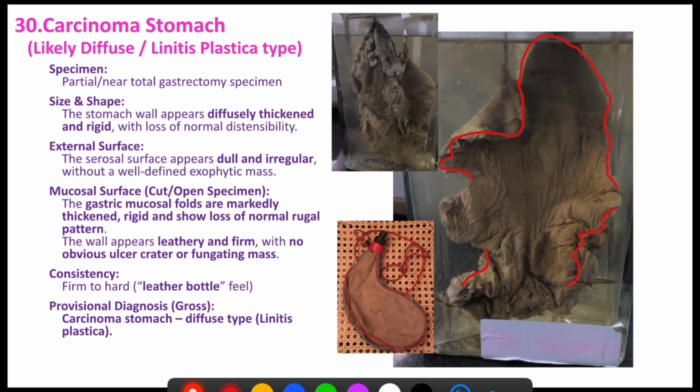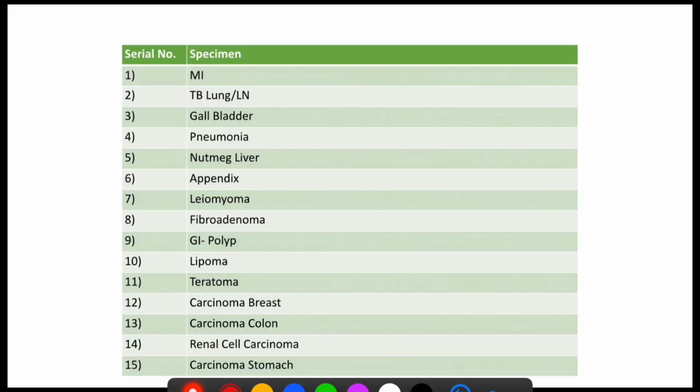Here, how you describe the specimen in gross viva, that is covered for general pathology, and these are some commonest specimens which can be asked in your exam in first internal.